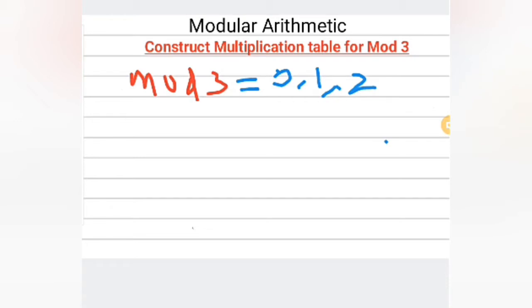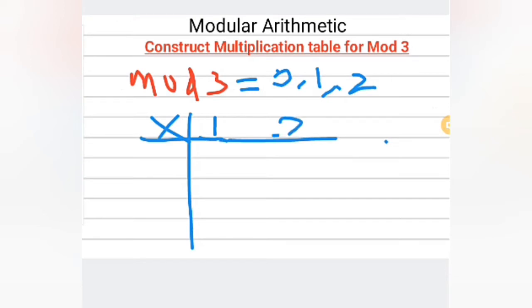So in constructing the multiplication table for modulus 3, we have this. This is the multiplication sign, and here we have 0. But for multiplication, 0 multiplied by anything is the same, so you can easily clean this 0, and we only have 1 and 2.